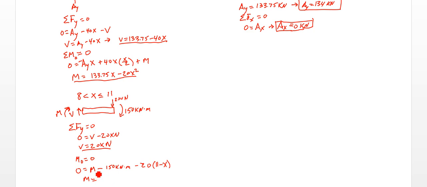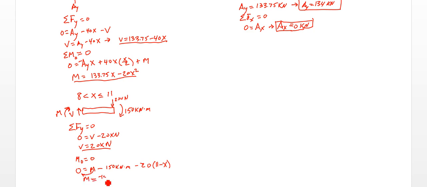So M equals... I messed that up. So I've got a sign convention wrong here. I should be taking M at this point, not including that last 150. So if I don't have the 150 on there, there is going to be a discontinuity at the end. So at the very end, we're going to have a plus 150. Basically I just need to pull this M to that side.